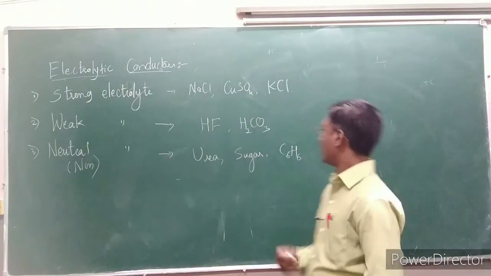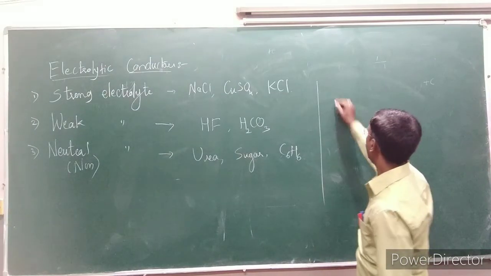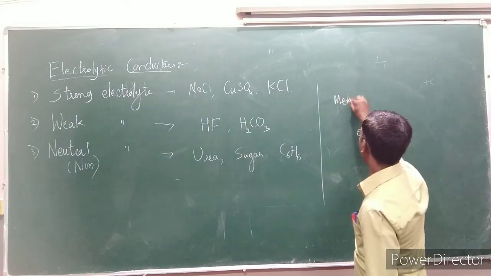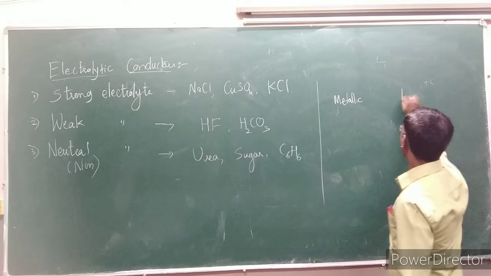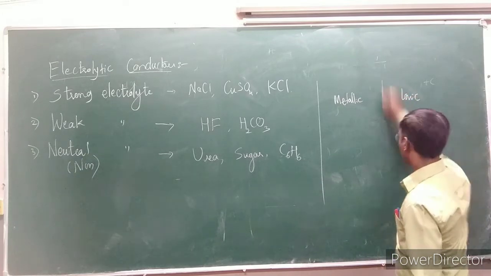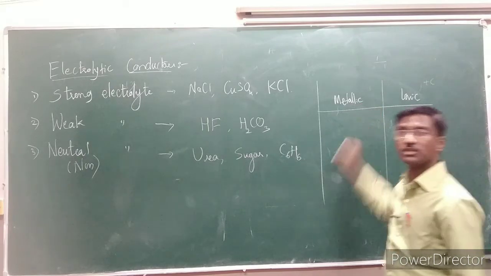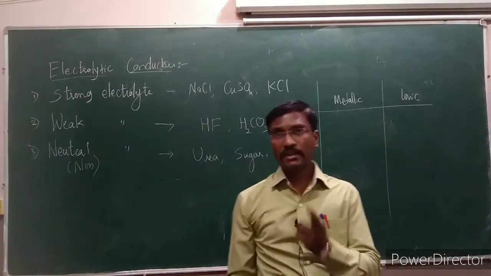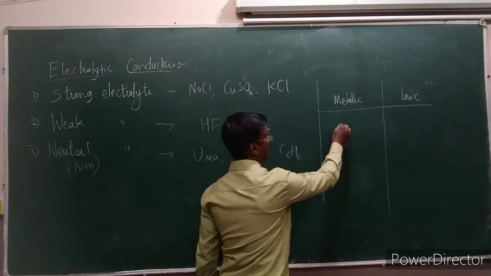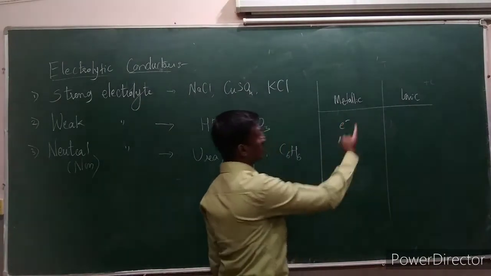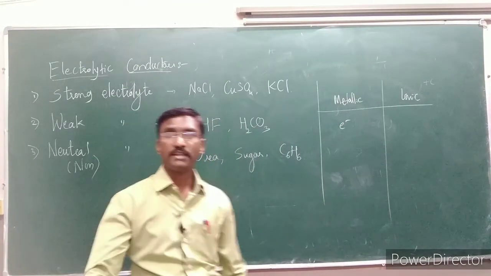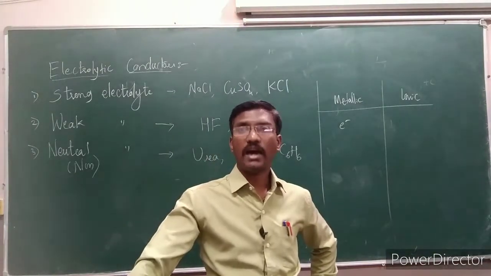They will ask the difference between strong electrolyte and weak electrolyte. And in the last class, I explained that in conductors there are metallic conductors and ionic conductors. Metallic conductors conduct electricity by the migration of electrons. In ionic conductors, electricity is conducted by the migration of ions.